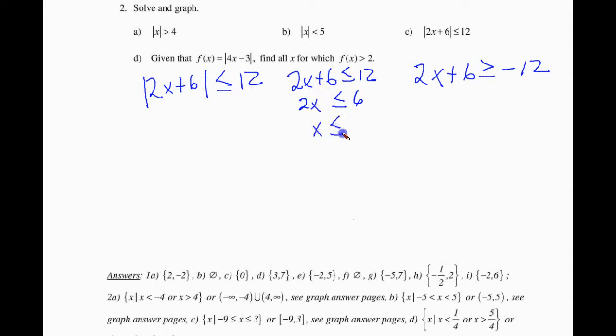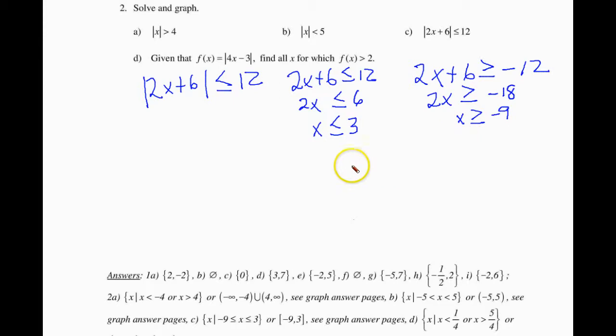X is less than or equal to 3. And this one is 2x is greater than or equal to, now as we subtract 6, or transpose that, that becomes a negative 18. We get x is greater than or equal to negative 9.